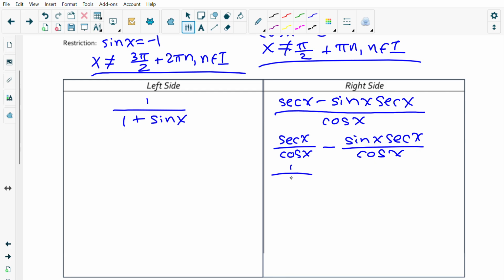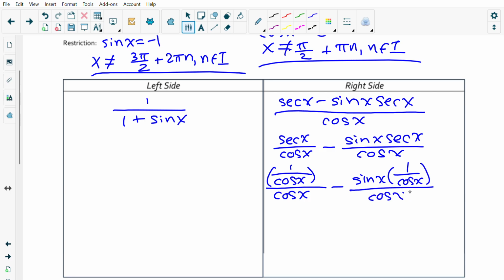Okay, secant of x, I have 1 over cosine of x divided by cosine of x minus sine of x times 1 over cosine of x divided by cosine of x. So what identities did I use there? I said reciprocal identity, and I said another reciprocal identity. Okay. All right, let's continue.